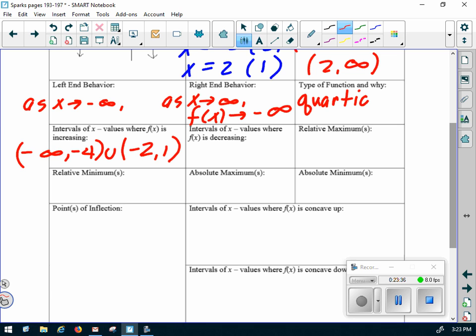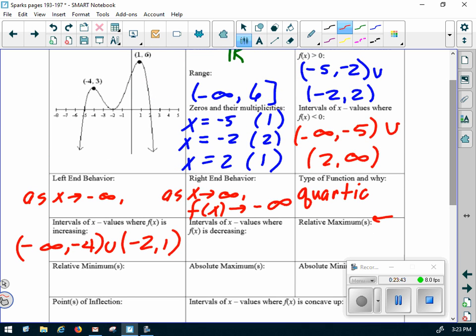Let's skip the decreasing and go to relative maximums. Where do you have a relative max? We're going to give the x values. At x equals -4. Is that the only one?